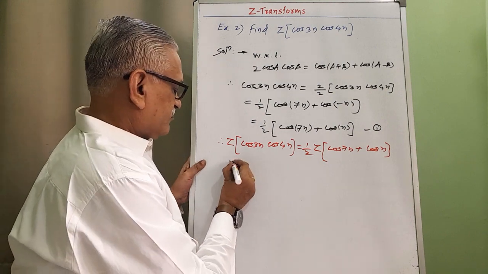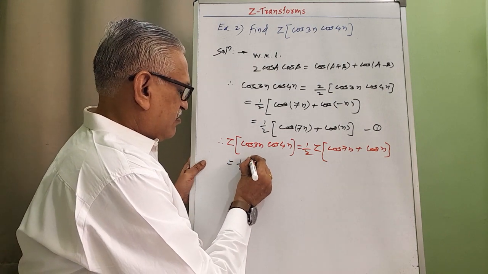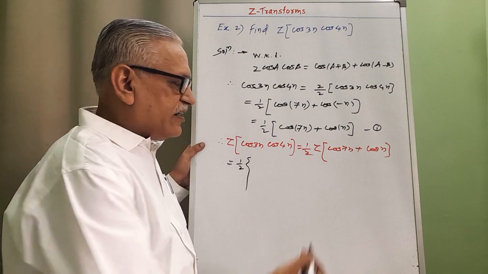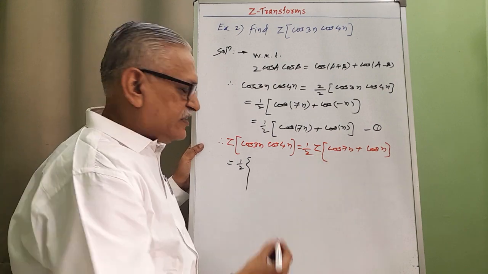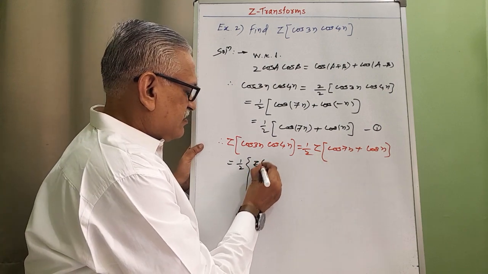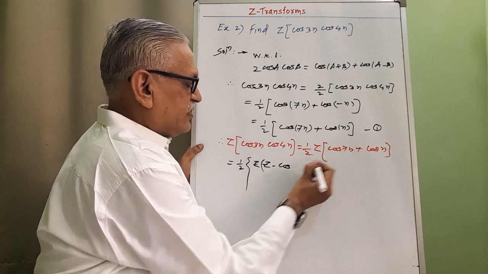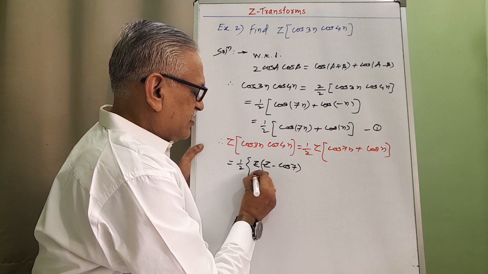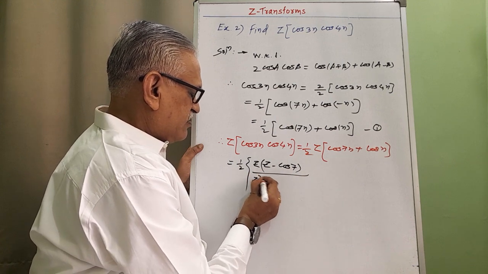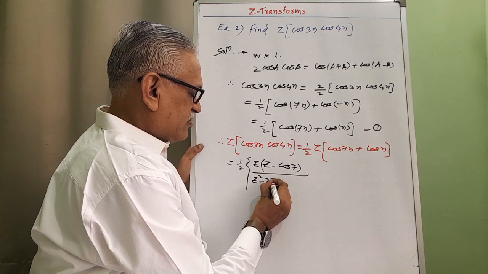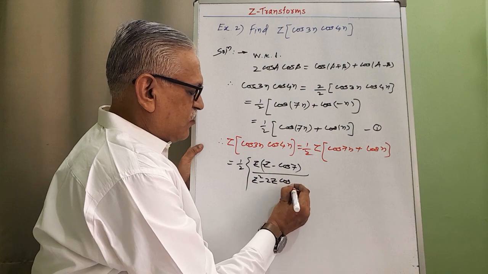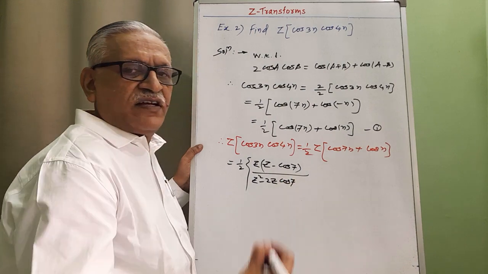Applying the standard result, Z transform of cos omega n is Z into (Z minus cos omega). Here omega is 7, therefore cos of 7, divided by Z square minus 2Z cos of omega, cos 7, and plus 1.